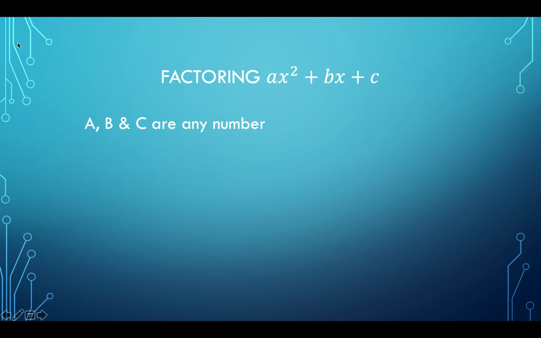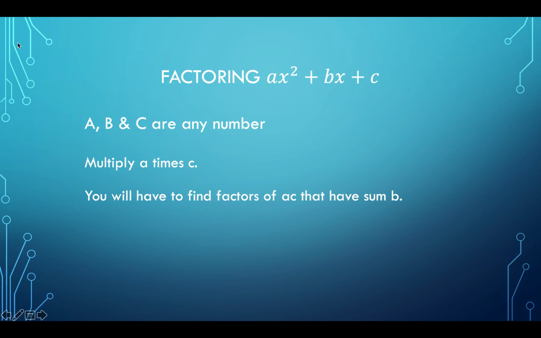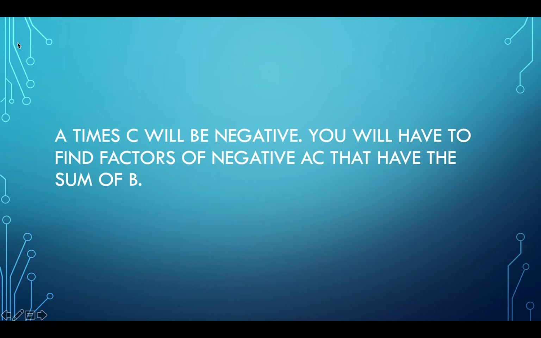What we're going to do is multiply a times c, and then find factors of a times c that add up to b, or have sum b. So a times c will be negative in this lesson. You will have to find the factors of negative ac that have the sum of b.